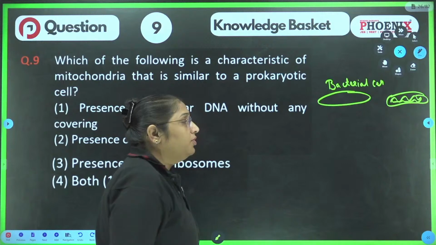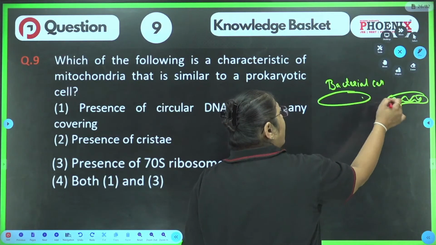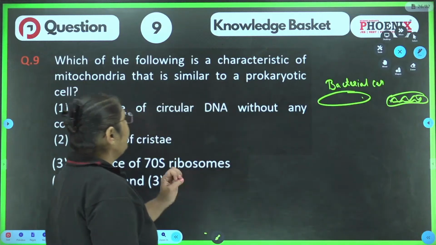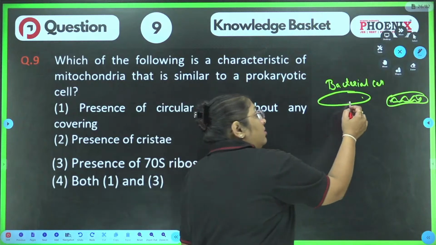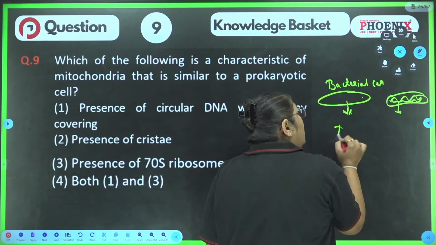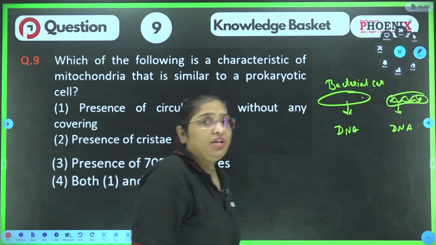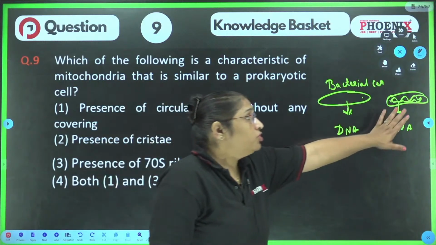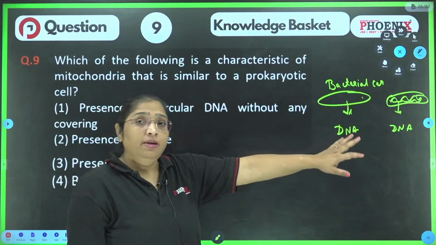Okay, this is the mitochondria. Now they are asking, what is the similarity between the prokaryotic cell and mitochondria? In both we know that DNA is present. Okay, both of them, because mitochondria and chloroplast are cell organelles which contain the DNA.